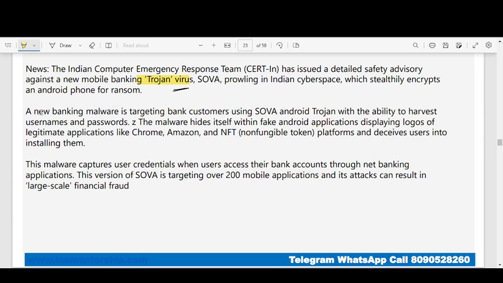It's a new banking malware that is targeting bank customers using the SOVA Android Trojan. Android means mobile, it's happening on mobile. And it has the ability to take your username and password. Clear? It makes fake Android applications. For example, you are installing Flipkart.